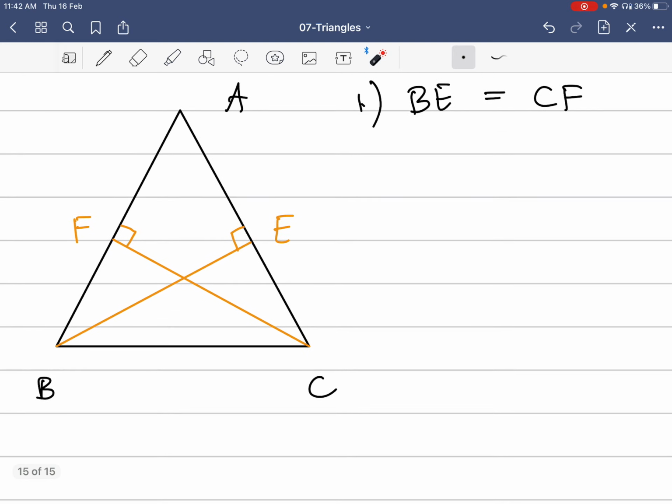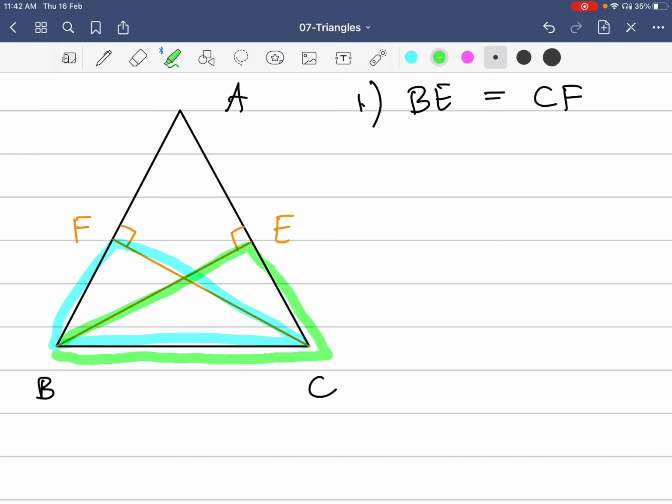So let's come here. Now focus on this triangle. I'm going to use the highlighter. This triangle CFB is a right angle triangle, and another triangle is BEC. This is also a right angle triangle. Why is it a right angle triangle? Because these are altitudes with 90 degrees. So I'm going to straight away write it like this.